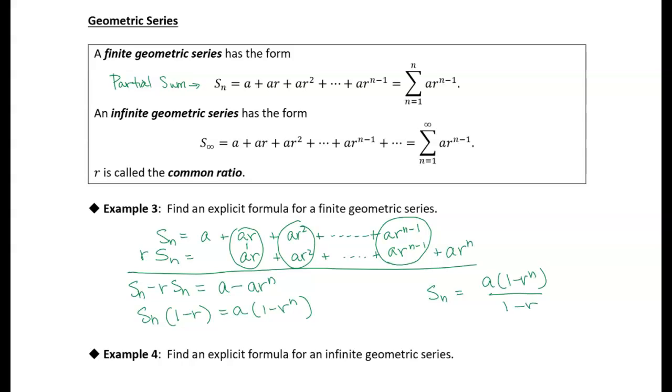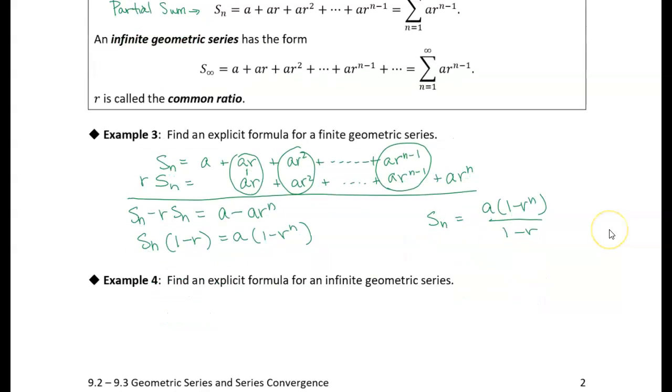Okay, so that's cool. So we got this nice explicit formula for the nth partial sum of this geometric series. Now I'm going to go ahead and do example 4 at the same time here. And example 4 is just asking us to find an explicit formula for an infinite geometric series.